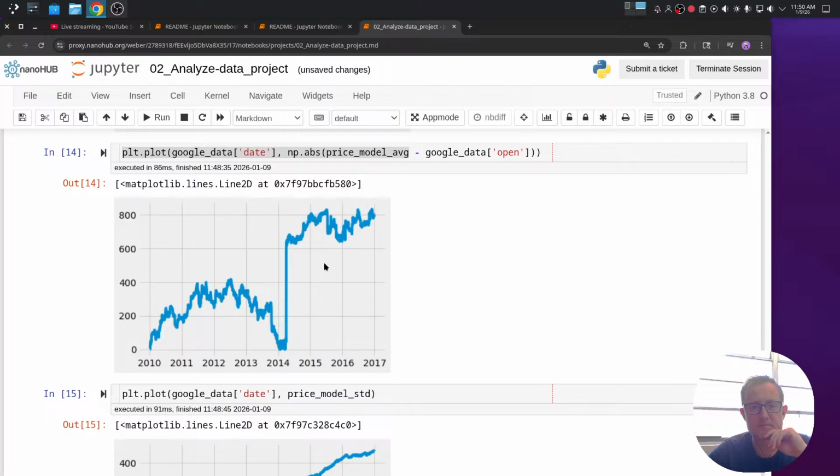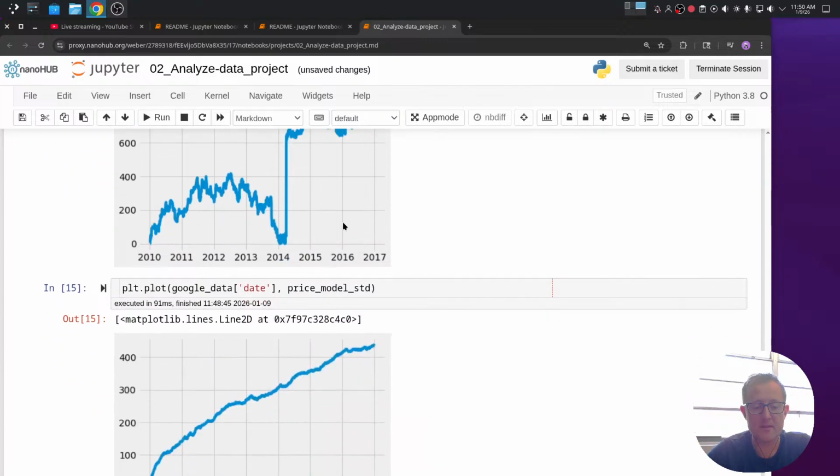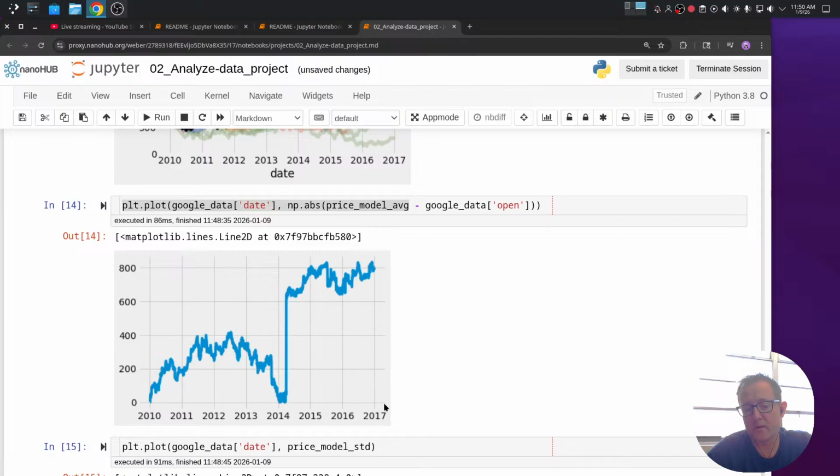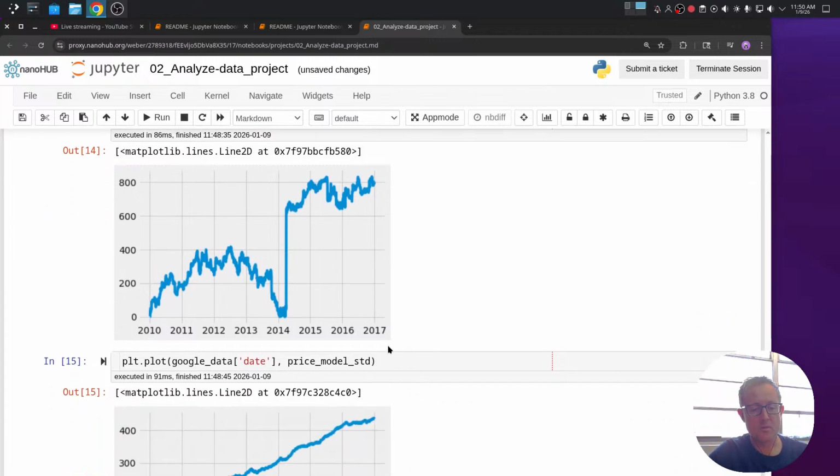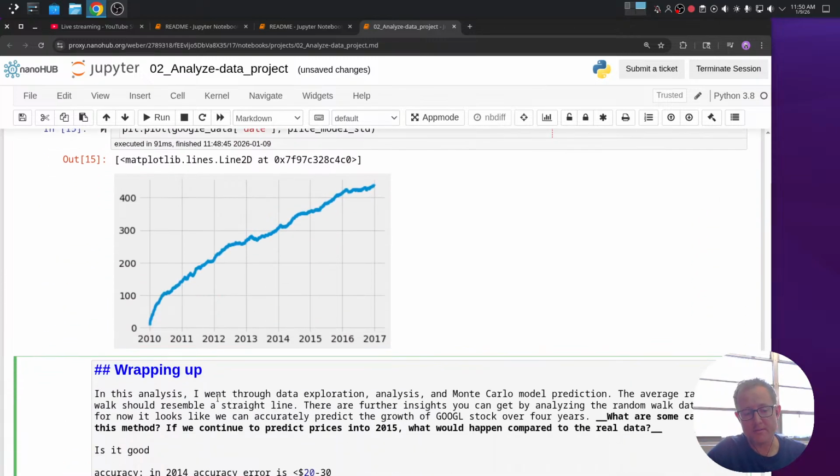So it could have been 800, or we could have predicted 800, or we could have predicted like 350, or I guess 250 down here. So the error could have been a lot less. We don't really know because we don't have a very precise model.